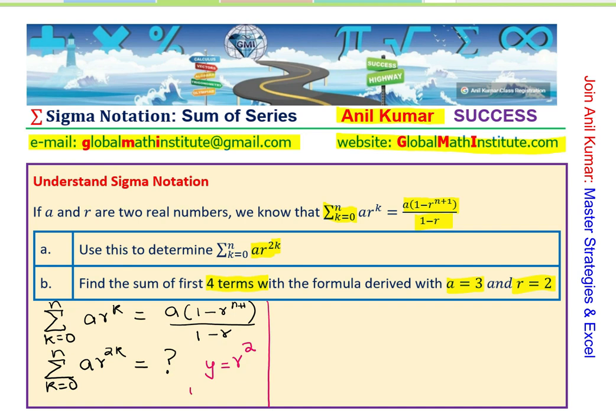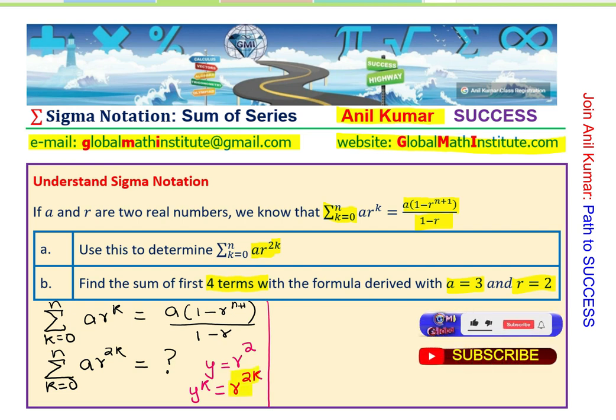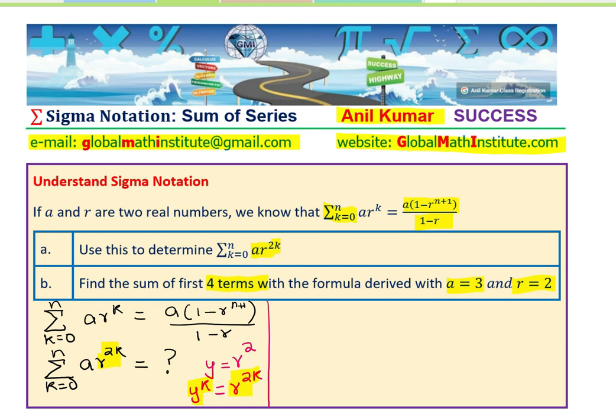In that case, y to the power of k will be r to the power of 2k. Makes sense? So we have replaced the term r to the power of 2k with y to the power of k. Now we can use the formula given to us and get the result.